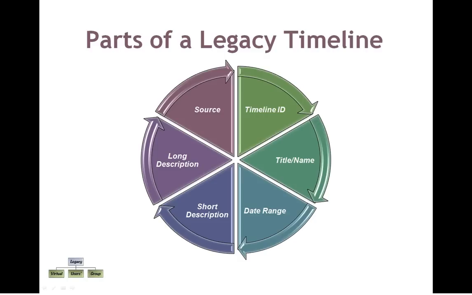So let's take a look at the parts of a Legacy timeline. The first item is the timeline identification, and this is where you identify the preparer and the date. The next is the title or the name of the timeline, and you can group similar timelines together. The third item is the date range, and this can be the starting and ending date. It can be a year or it can be a complete date.